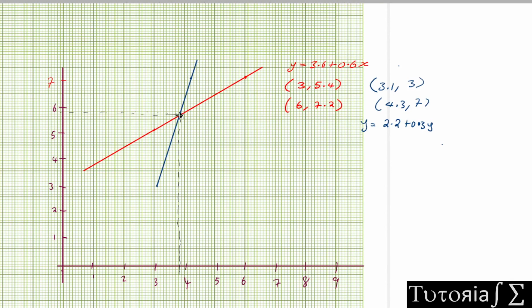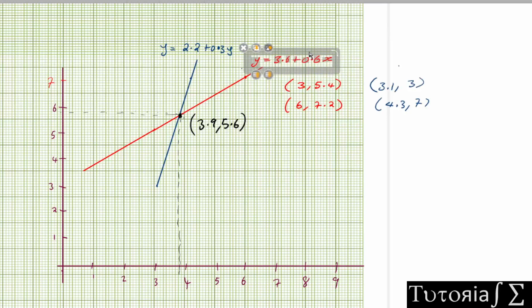So this is approximately 3.9 somewhere there, comma, 5.9 as well, which is almost (4, 6). So that is the end. We have shown that the two lines of regression for y on x and x on y meet at their mean. So this is for that, and that is for that.